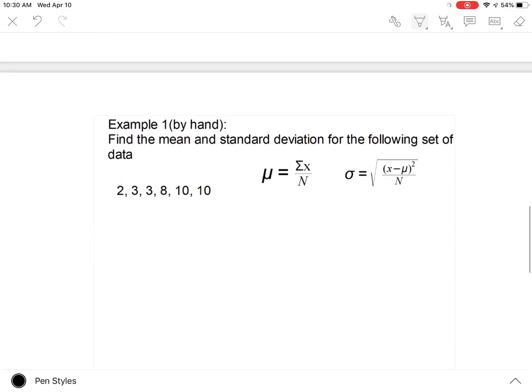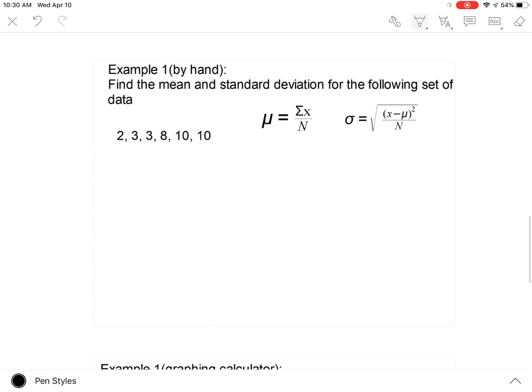So let's try one out by hand. You can take 2, 3, 3, 8, 10, and 10. I'm going to list them out: 2, 3, 3, 8, 10, and 10. I'm going to find the sum of X, which is basically adding all those up.